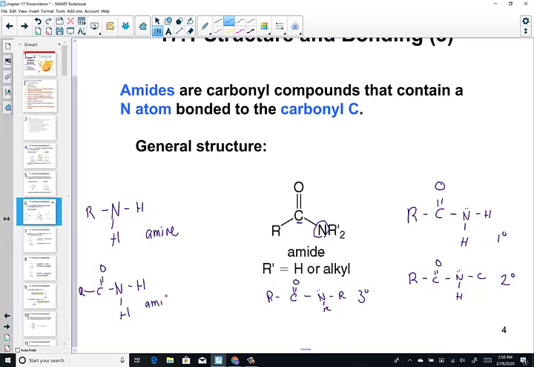So I wanted to clarify amine from amide. Just as we had primary, secondary, and tertiary amines from a previous chapter, we will also have primary, secondary, and tertiary amides in this chapter. But the location that makes this difference is that this ammonia group, this N group, is directly next to a carbonyl carbon.